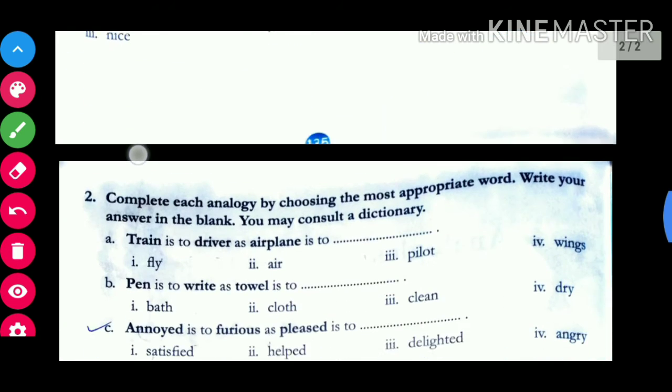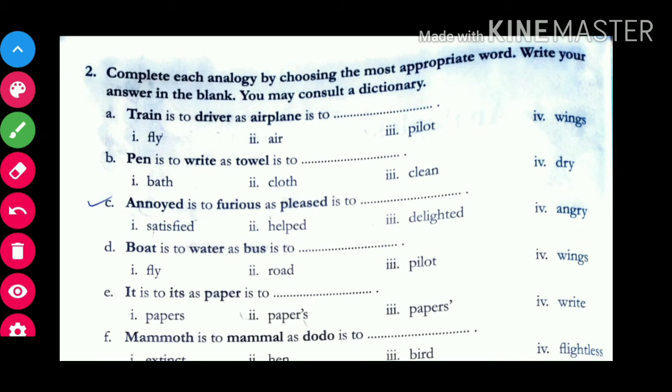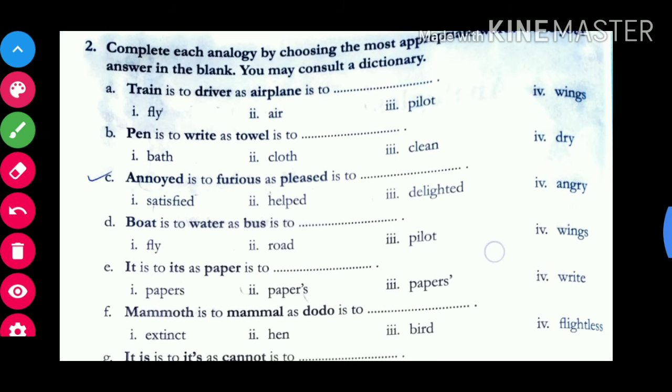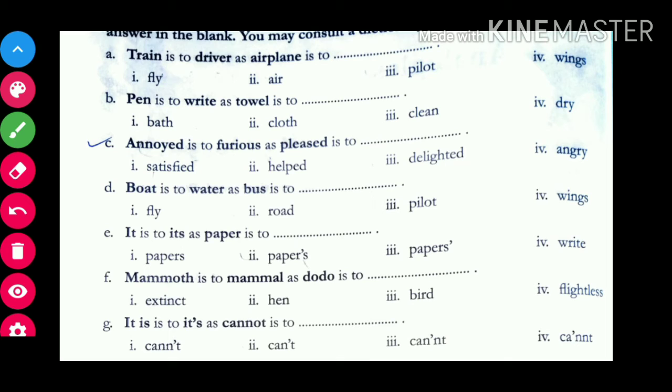Now come to exercise number 2. Complete each analogy by using the most appropriate word. The same way you have to do. Okay. So this one I would take only the first 3, and the rest are to be done by you.